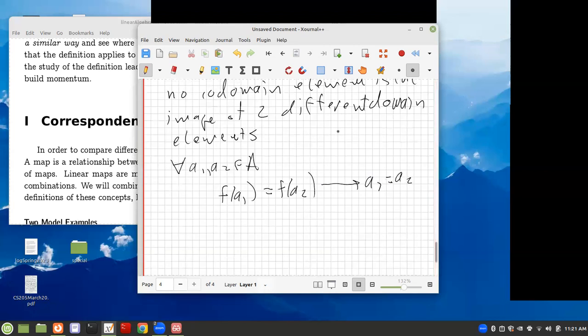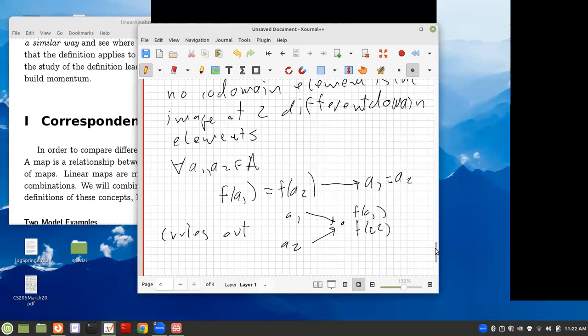What this rules out is f of A1 equal to f of A2 with different elements, because it's saying, okay, if you randomly choose two elements of the domain and look at their images, if the images are the same, you must have chosen the same element, because if they were different elements, then it wouldn't be one-to-one, because you'd have two elements pointing to one.